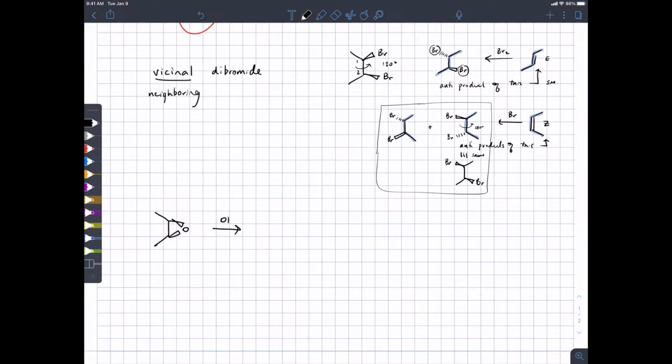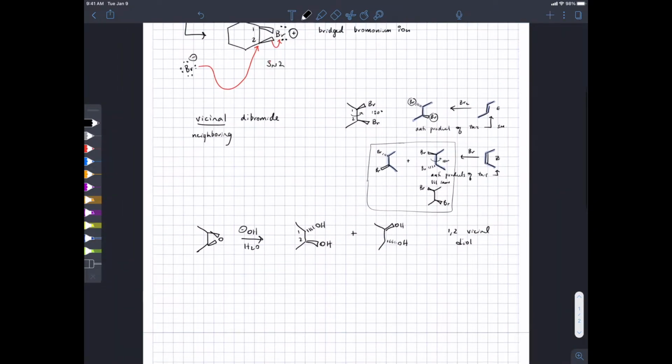Epoxide opening, say, with hydroxide under water conditions, would give you a product that looks very similar to the vicinal dibromide, only the players are OH instead of Br. But a similar sort of pattern, 1,2 vicinal diol, you could have gotten by opening up of an epoxide.